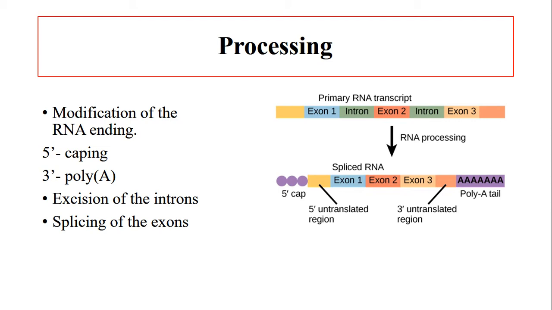The 5' cap is added to the 5' end of the pre-mRNA molecule and is composed of a guanine nucleotide modified through methylation. The purpose of the 5' cap is to prevent breakdown of the mature mRNA molecule before translation. The cap also aids binding of the ribosome to the mRNA to start translation and enables mRNA to be differentiated from other RNAs in the cell.